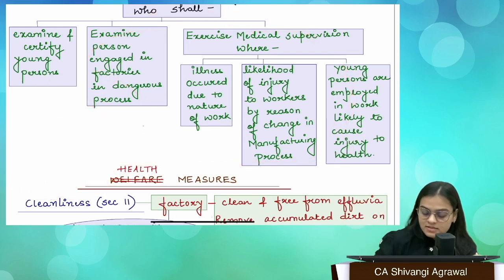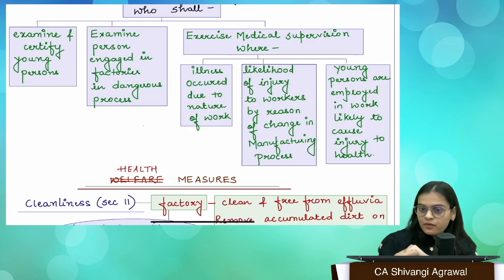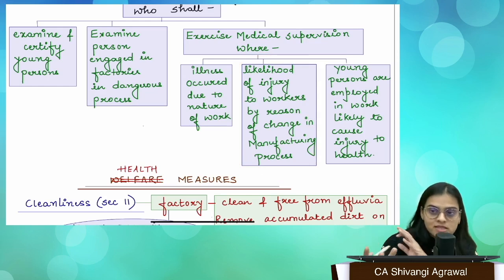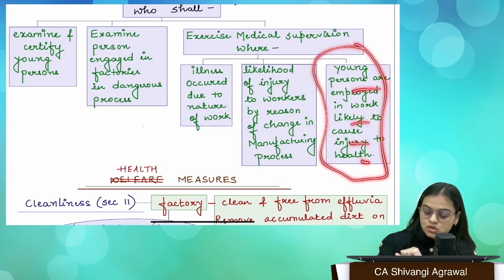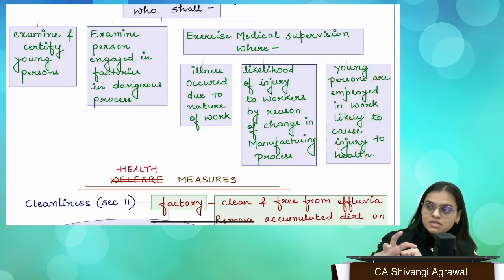Here, what we are discussing is if there is any illness which has come because of the work that you're doing, or maybe there is an injury which might be suspected because the manufacturing process has changed, or you have started to use some new substance, or maybe there are young persons. It is not allowed to employ young persons in some dangerous processes.